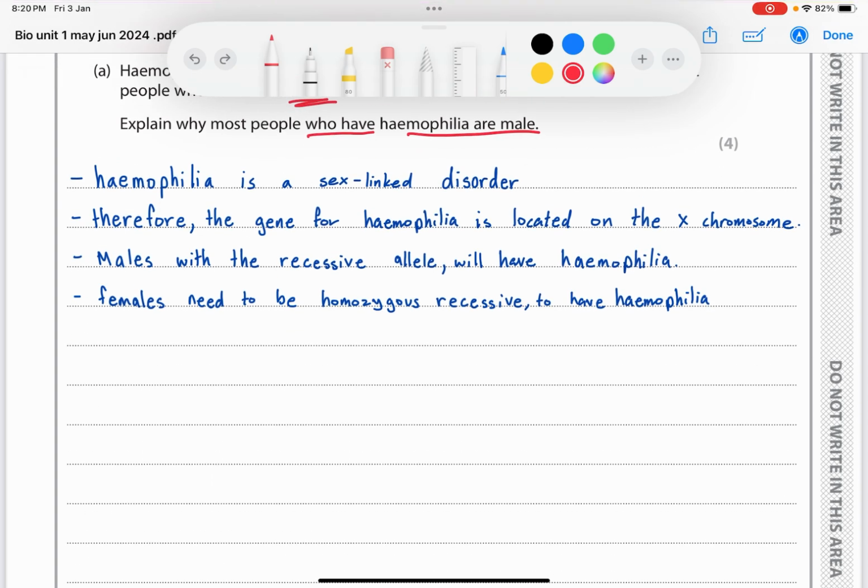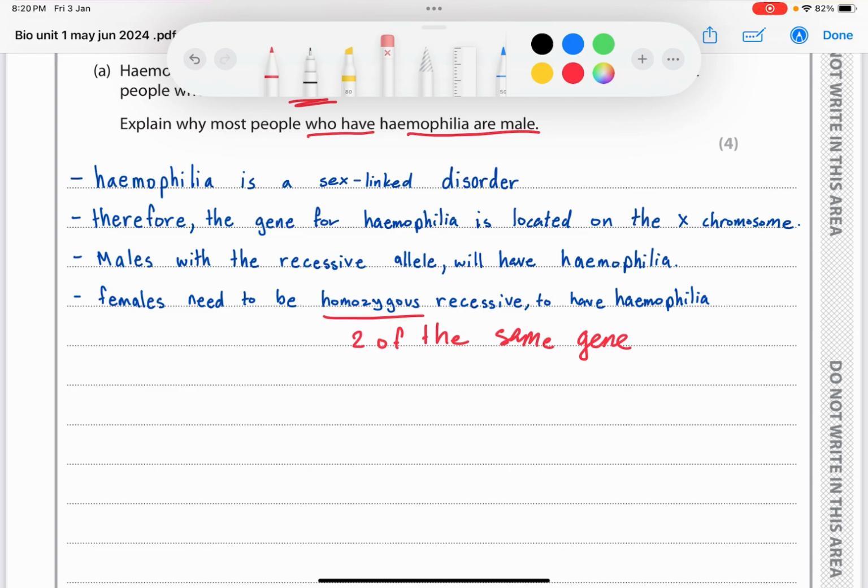Just to remind you, what is homozygous recessive? Homozygous means the same, two of the same gene, same gene, same allele.